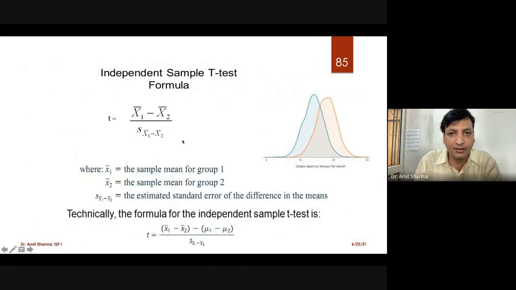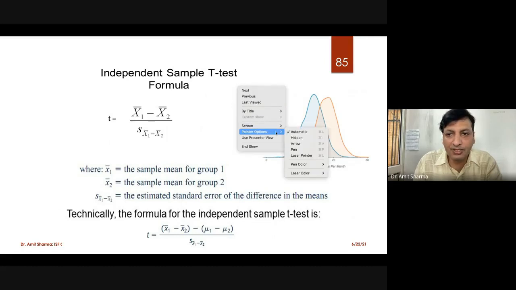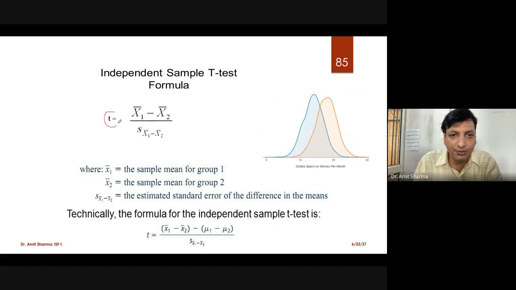This is the formula which we use whenever we want to do the independent sample t-test manually. Now you can see what we have in the formula. T represents the t-score. X bar 1 is the first group and X bar 2 is the second group.